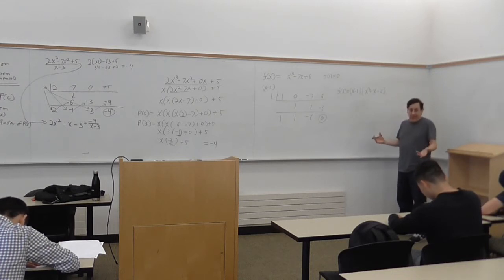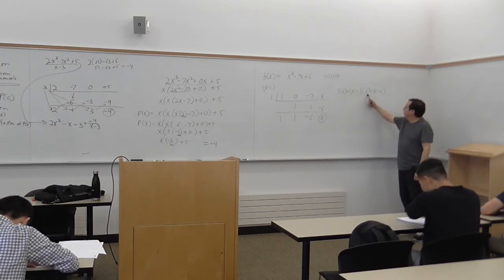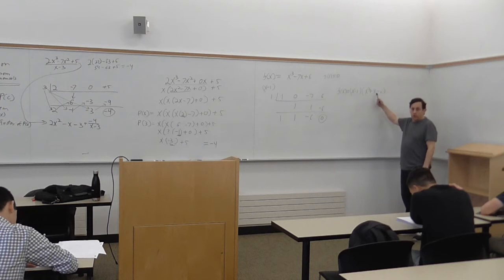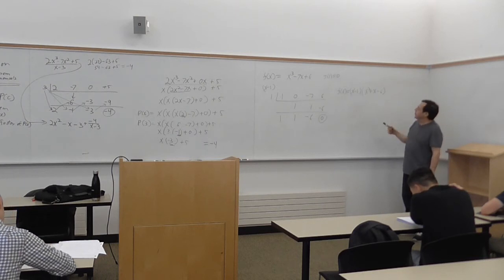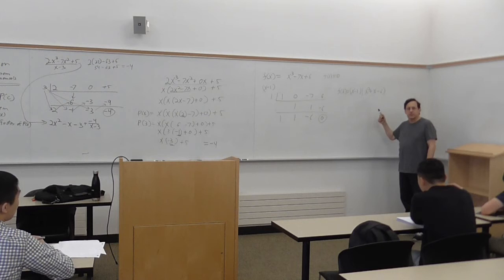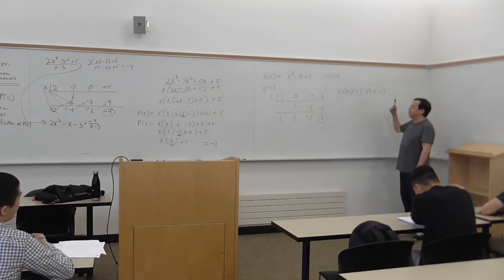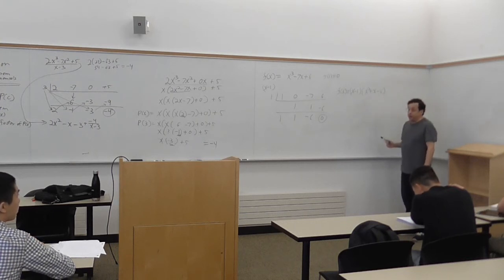But even if we can't, we can always use the quadratic formula, right? Quadratic formula is going to find the zeros, right? And by the factor theorem, if I find a 0, x minus that 0 is a factor. Anyway, I'll find the factors.